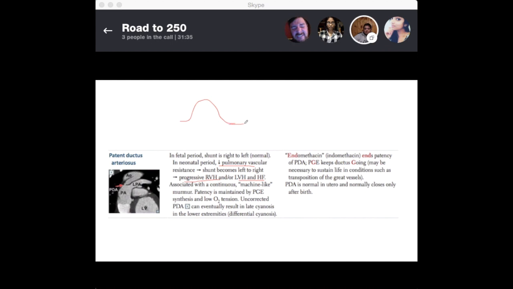But so normally your blood pressure will rise to 120 and then let's say it falls down to a diastolic pressure of 80. In PDA, due to the loss of volume in the arterial tree, this diastolic pressure can actually go down as low as like 30 or 40. So that will increase your pulse pressure, essentially.